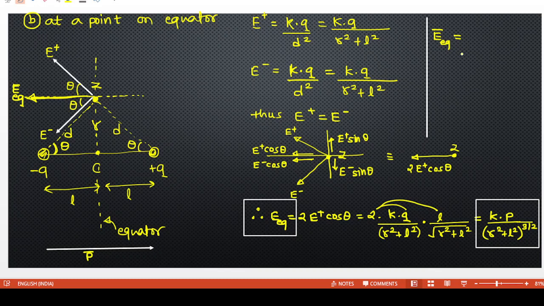They are opposite to each other. So this is minus k into p bar. It means p bar and e bar do not have the same direction. The minus sign says that direction of p bar is to be reversed to get the direction of e bar. So minus k p bar upon r square plus l square bracket raised to 3 by 2. This is the vector form.